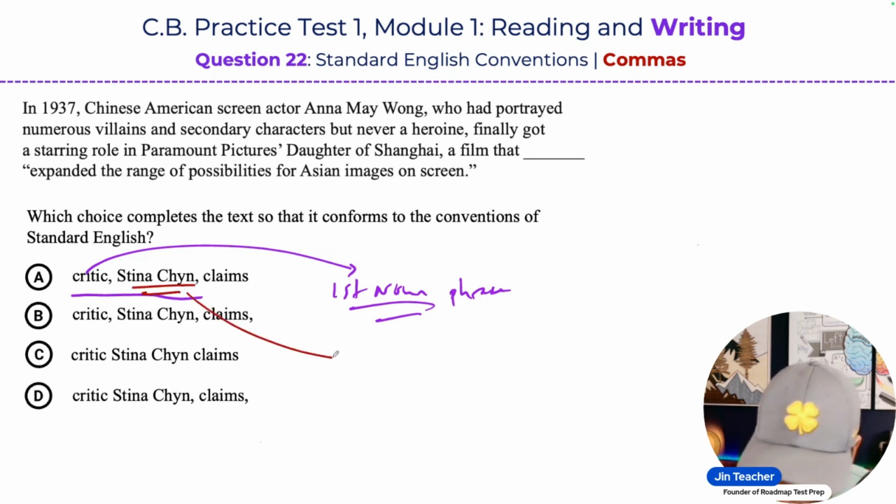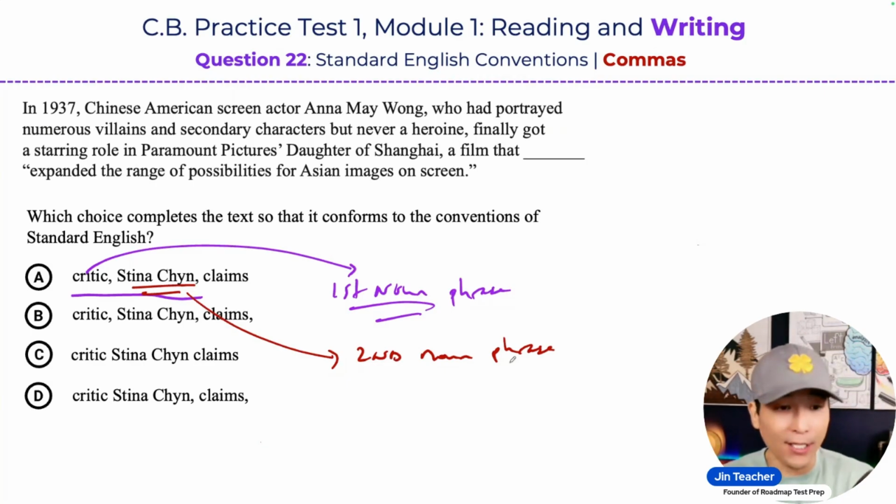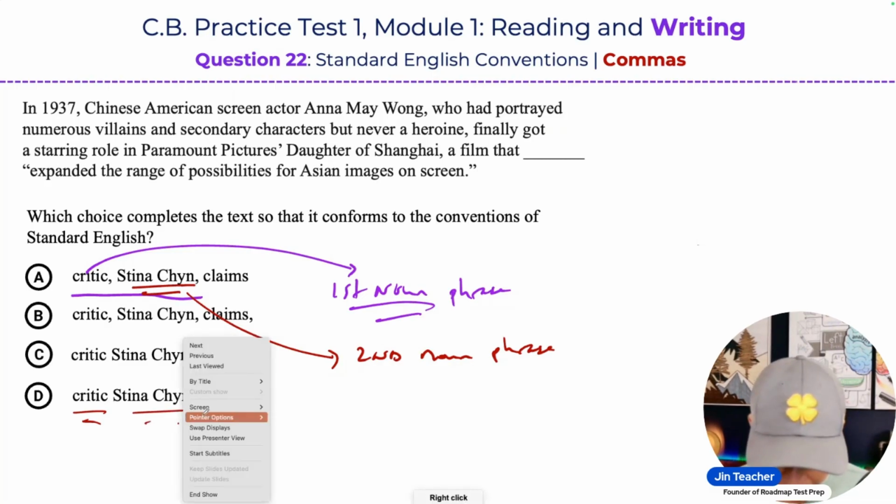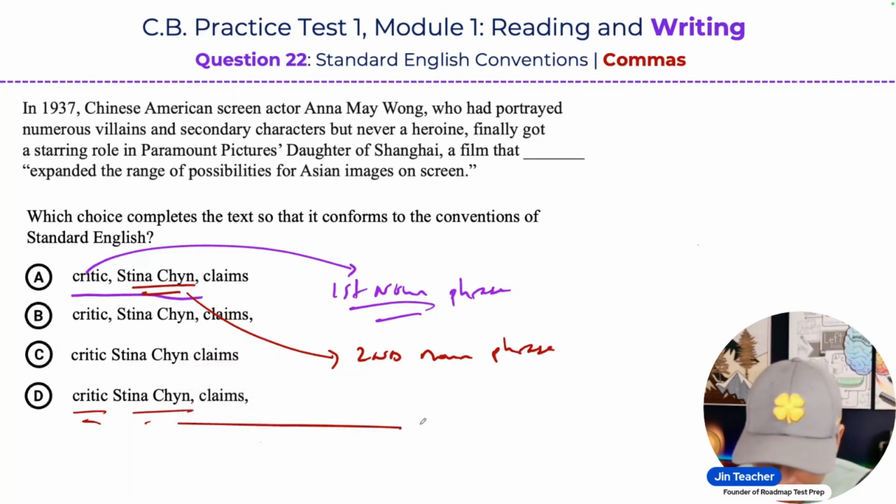This is going to be your second noun phrase. Notice how we have these two nouns that are next to each other. Critic is your first noun, and then Stina Chine is your second noun, okay? So this is where I want you to know the concept called an appositive. Next to or below the second noun phrase, write down appositive.